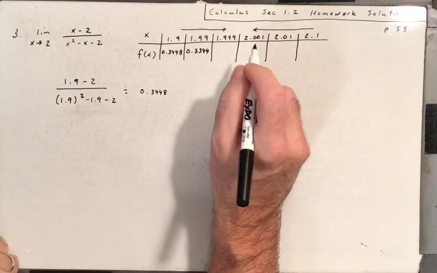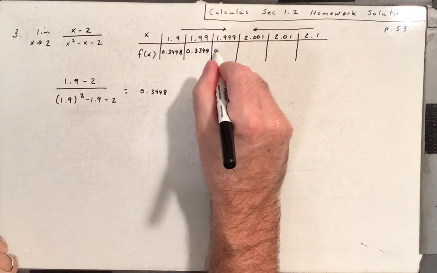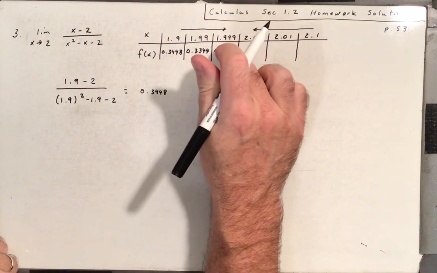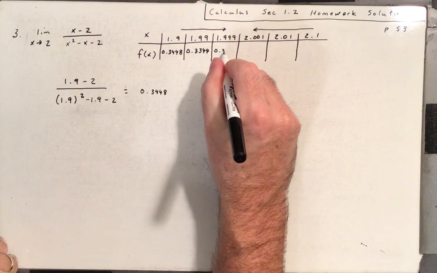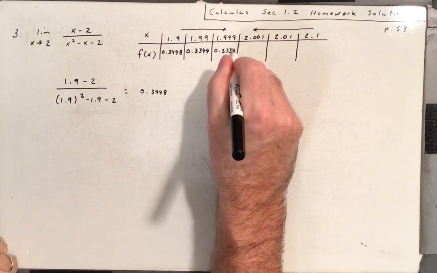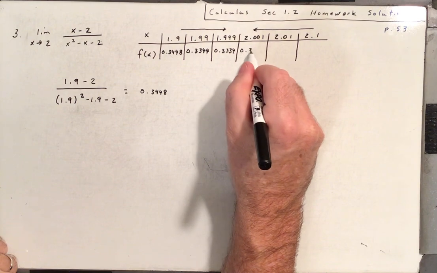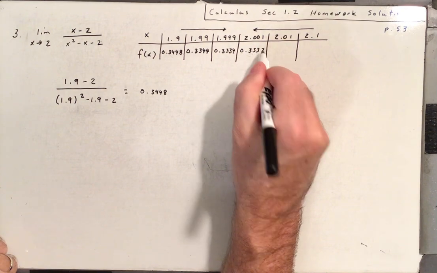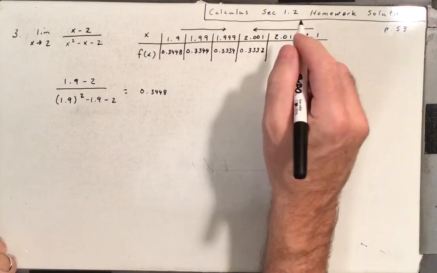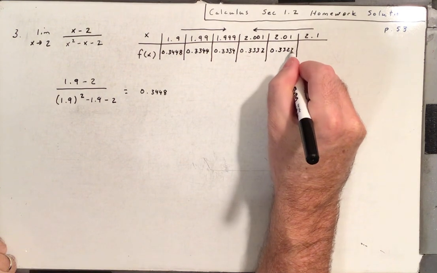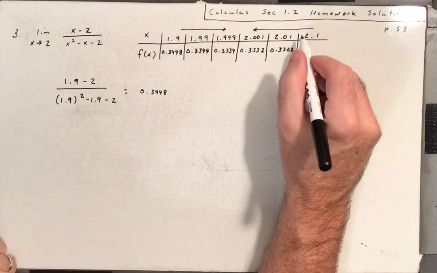0.3344, 0.3334. Then you plug in 2.001, you get 0.3332, 0.3322, and then 0.3226.